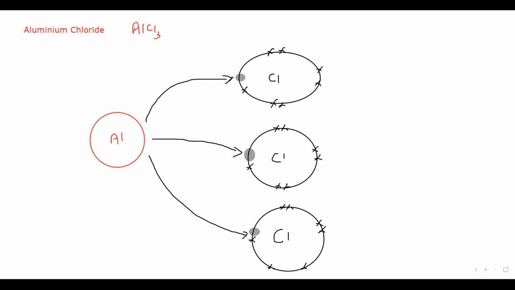It loses 3 electrons. So when something loses electrons, the charge should be positive. What will be the charge on each chlorine atom? Because each is gaining 1, this is -1, this is -1, and this is also -1.